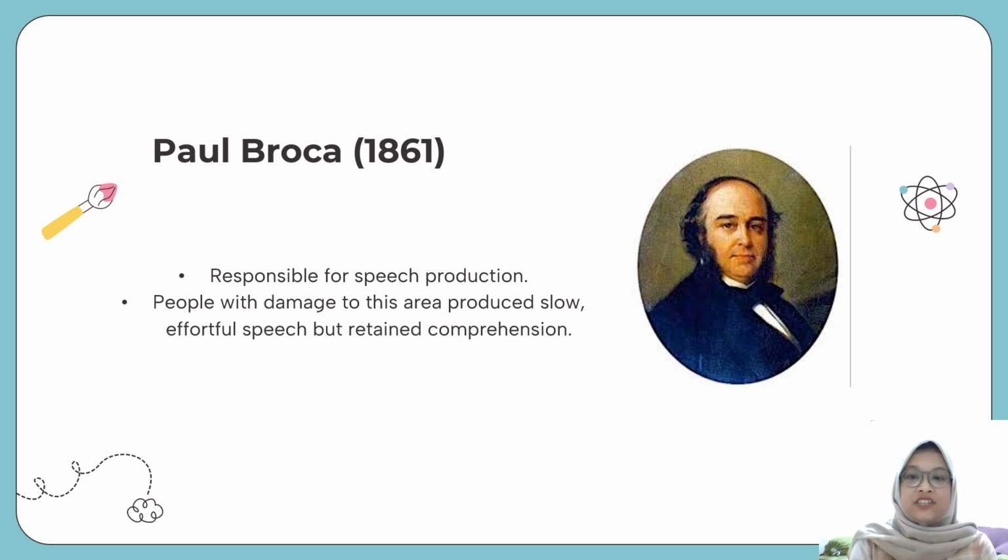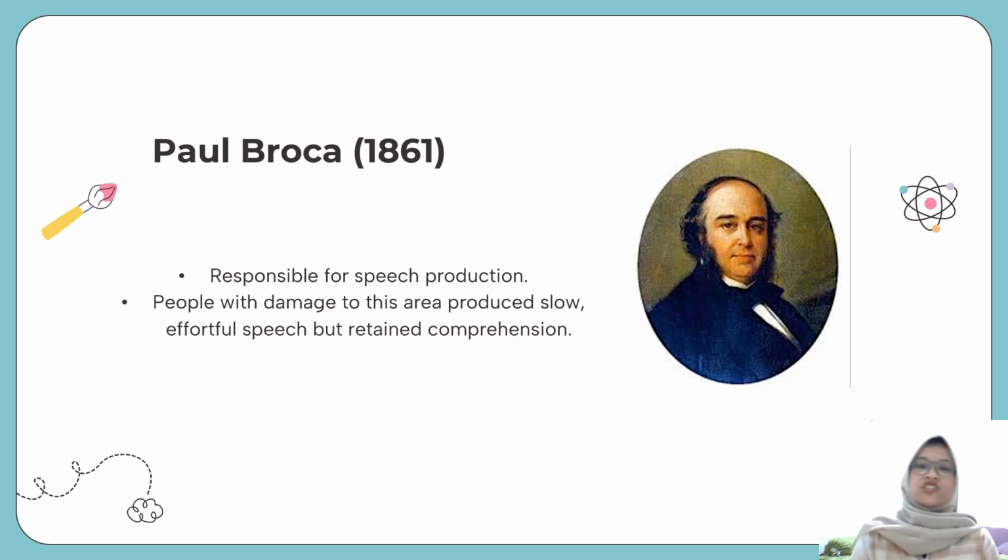This part, later known as Broca's area. So the people that have damage to this part of the brain, it affected their speech production, and people with this damage, they can understand others but cannot speak fluently.